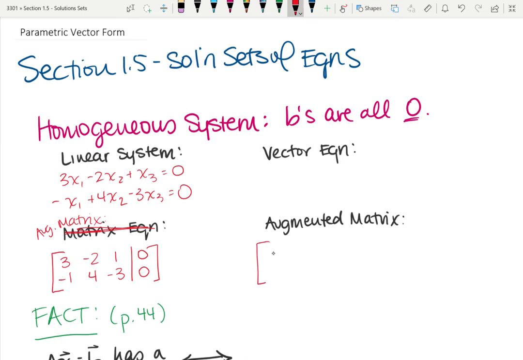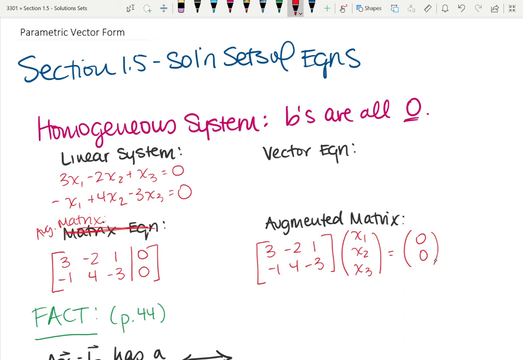The matrix equation is the matrix times the vector of variables, because remember, each column has to match up with one entry over here. It's equal to 0, 0.